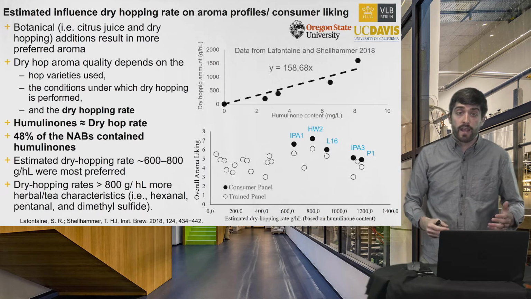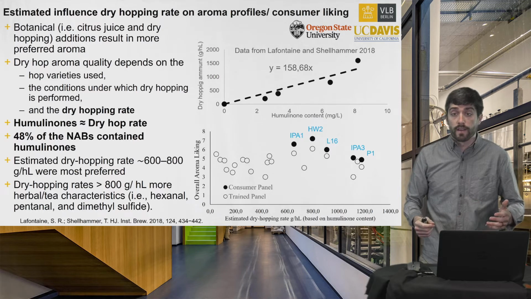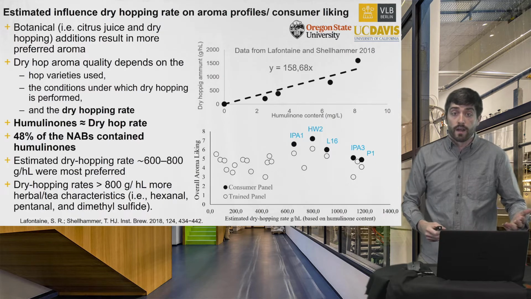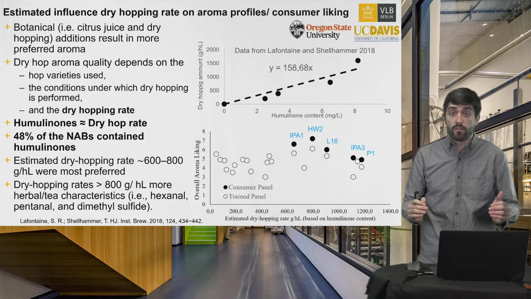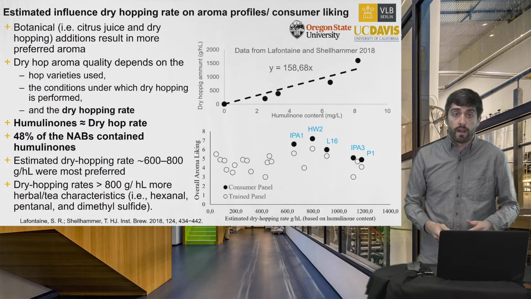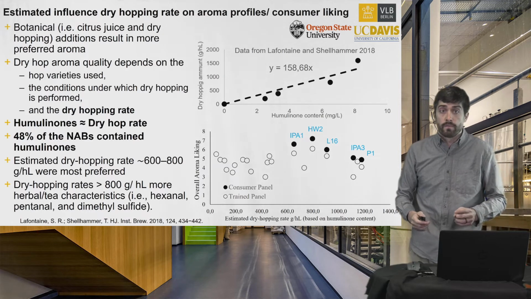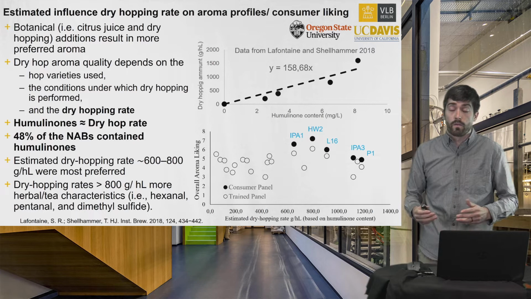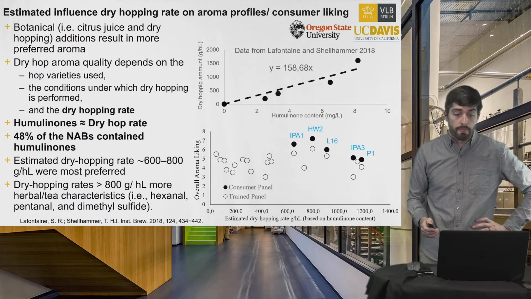And that might indicate that above 800 gram per hectoliter, you're getting an extraction of some characteristics that might be driving the herbal tea flavors, such as hexanol, pentanol, dimethyl sulfide. Whereas in that range of 600 to 800, you might be getting a more preferential extraction of desired volatiles. And just to note that 48% of the NABs contain humulinones, which indicates that a majority of samples were being dry hopped. Pretty interesting.